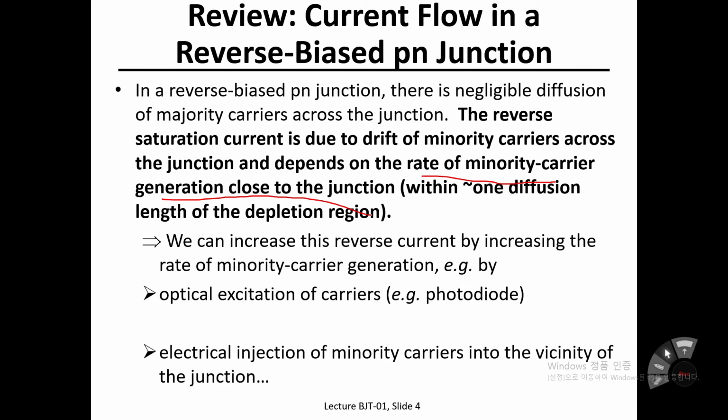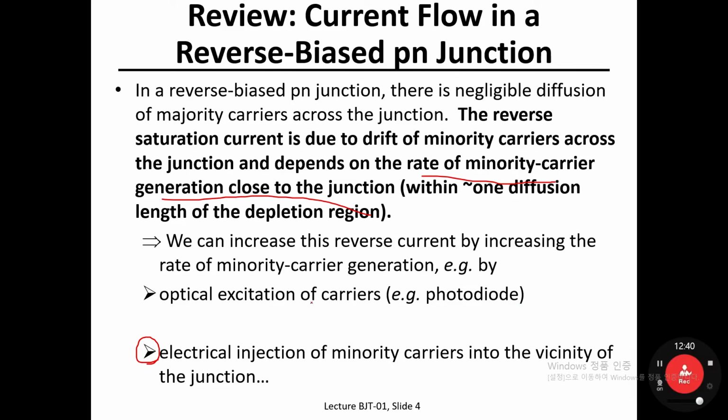And if you have successfully come up with your own idea, then you're ready to develop your own BJT device. Okay? So try to take your own time to understand why this electrical injection of minority carriers into the vicinity of the junction would be the answer and engineering solution in increasing the generation rate of minority carriers close to the junction. Think about this issue. Okay.